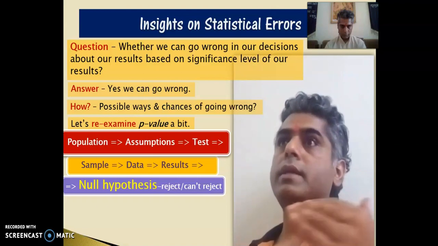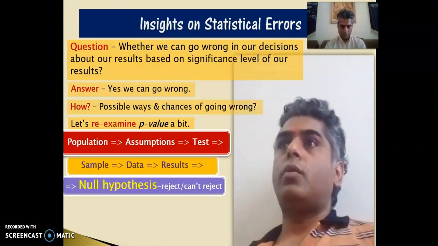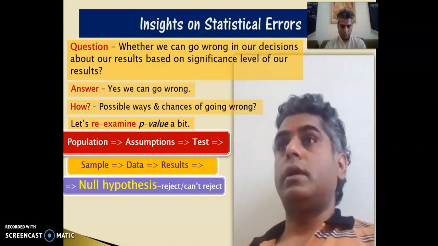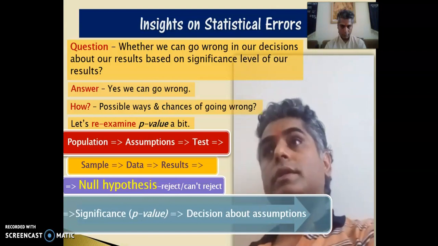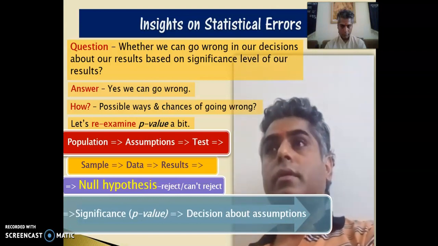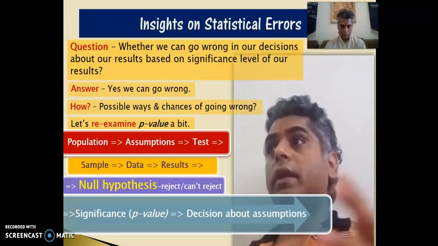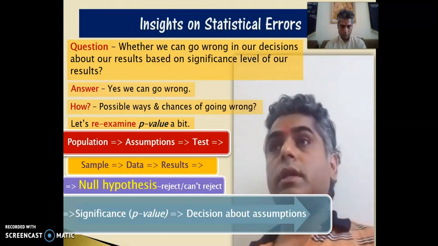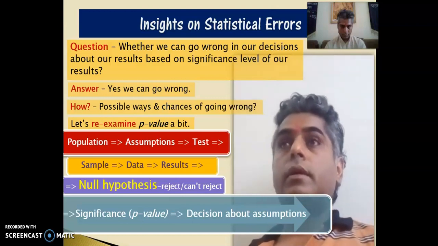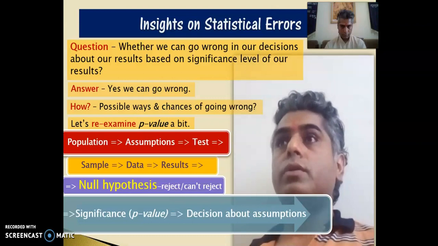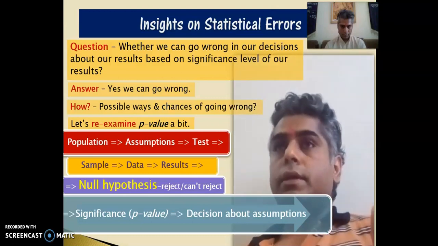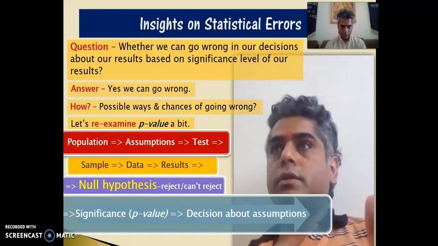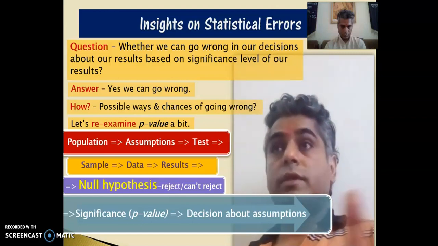So when we minimize the significance, we maximize the confidence, the benchmark which the study needs to cross, and thereby we make the decision based on those study results more stringent, right? So that's how we arrive at decisions about the results.